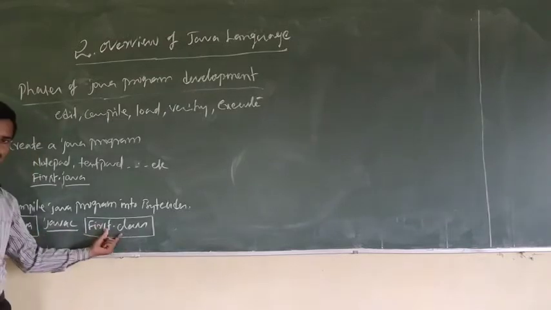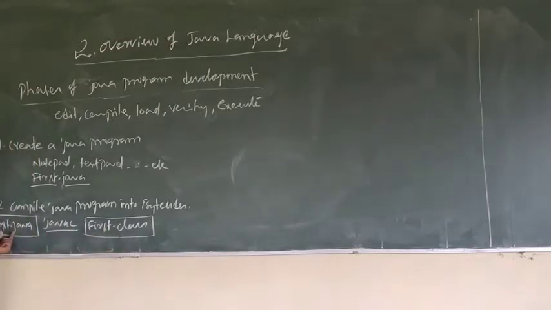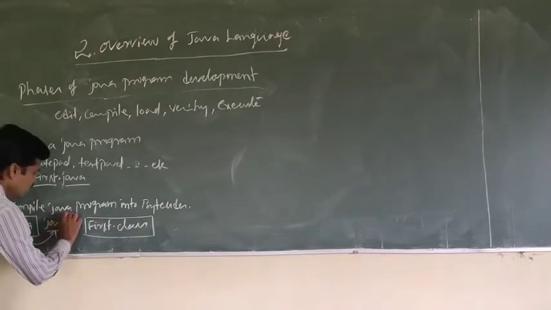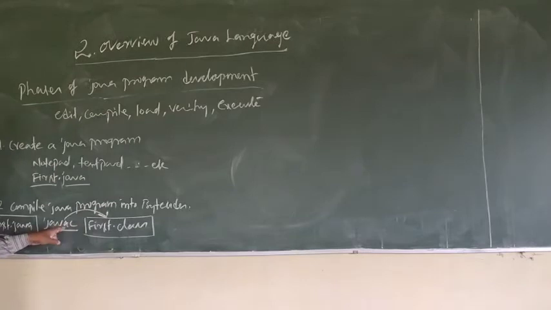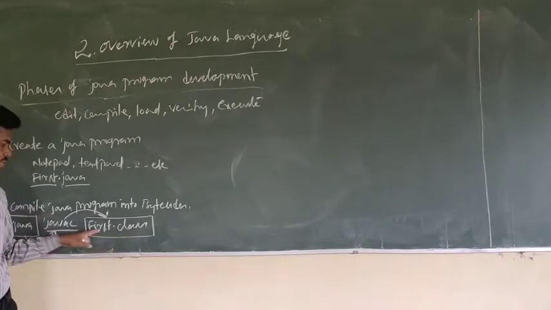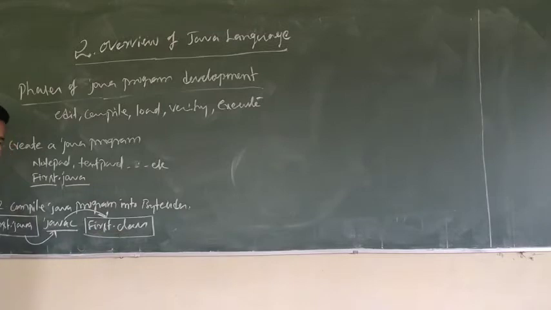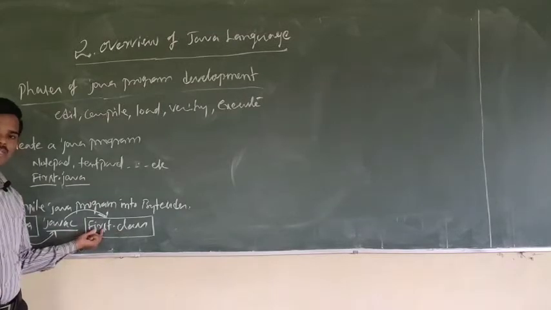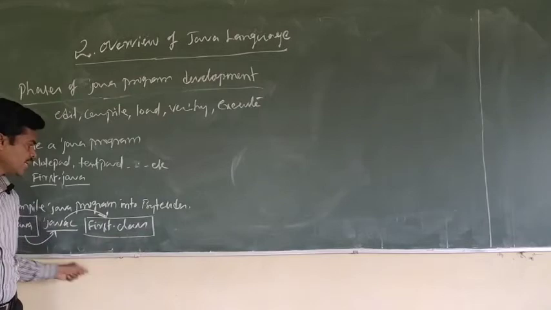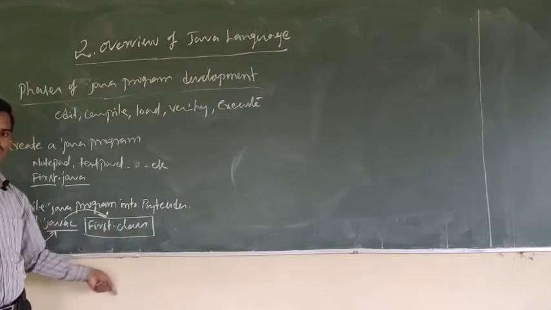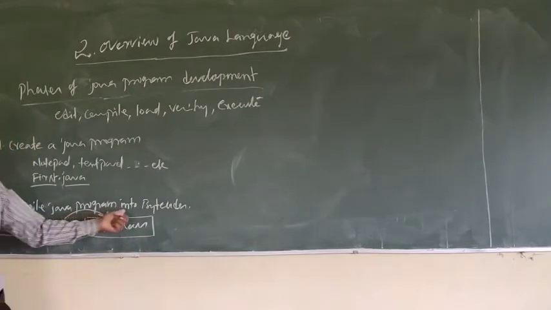This is compiled using the Javac compiler, which converts your source code into bytecodes, that is the .class file. It generates another file in the same directory with the same name, but the extension is .class. This contains the bytecodes. So that is compiling the Java program into bytecodes.